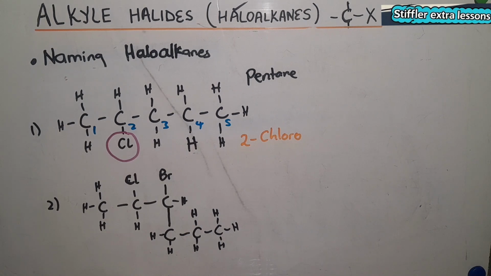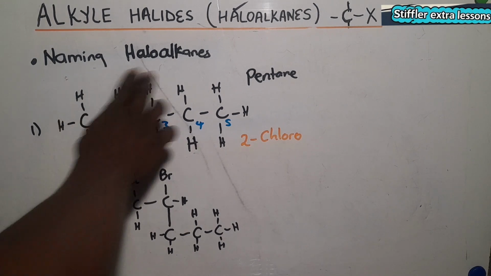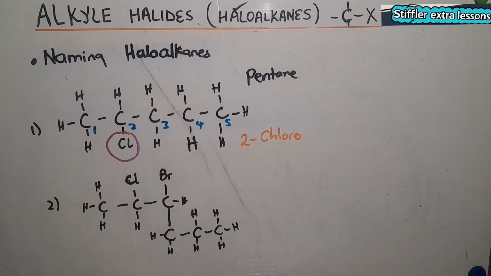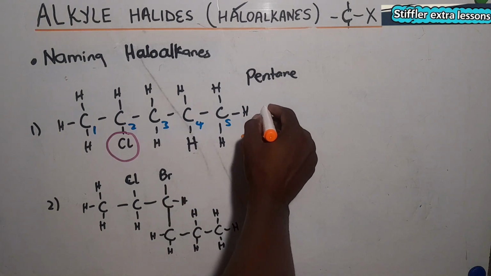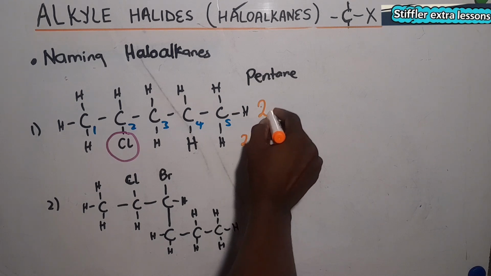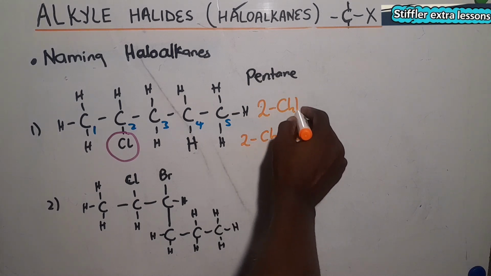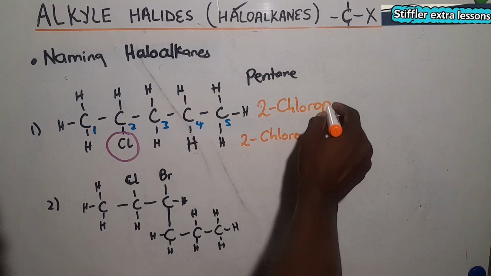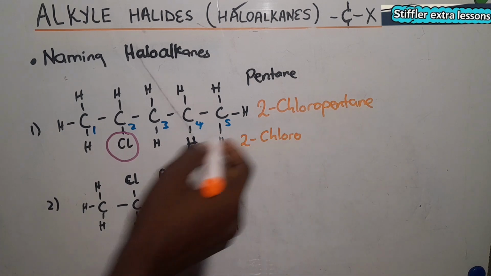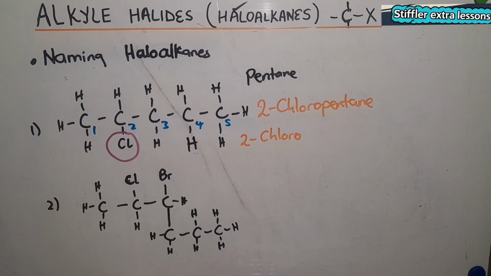Now, how to put this name together? Because we don't have another halogen, it means that we only have one halogen. So to name this, we start with this halogen. Our final name now, we combine the 2. So this is 2-chloropentane, like that.